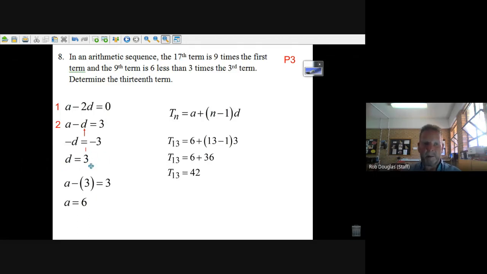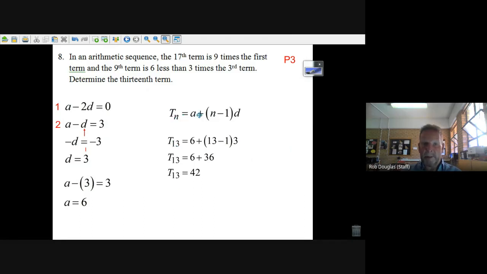Now that we've got d equals 3, we can take that 3 and put it back into the simplest equation and go a minus 3. A minus 3 equals 3. And if we solve that, we add 3 to it, we get that a equals 6. Well, now that we know what the first term is, a is 6, and we know the common difference, 3, we can find any term, including the 13th term.